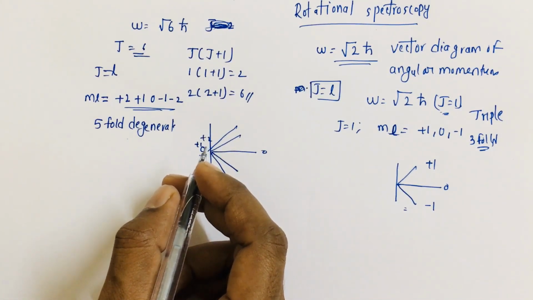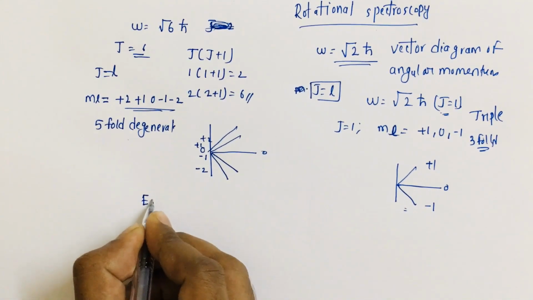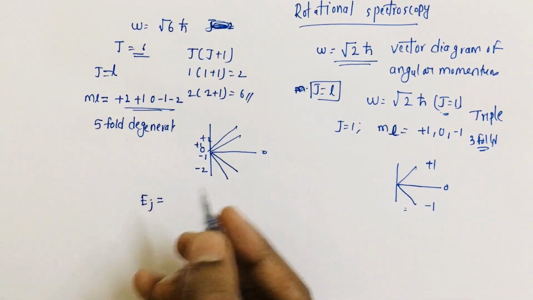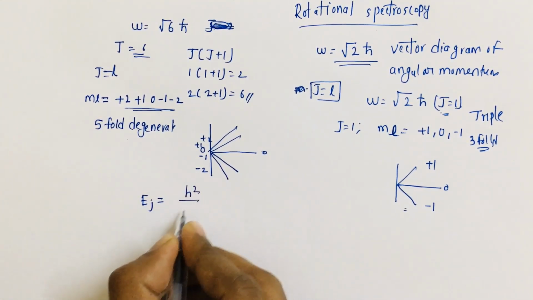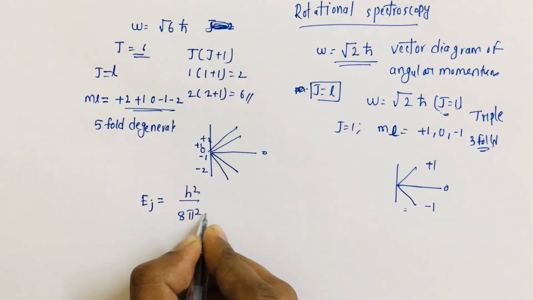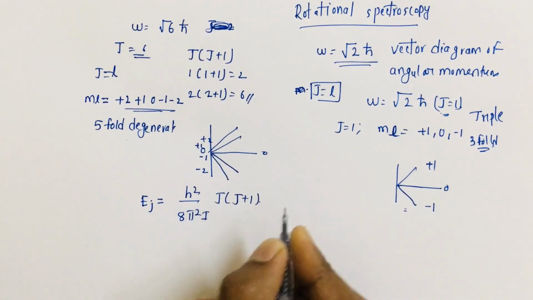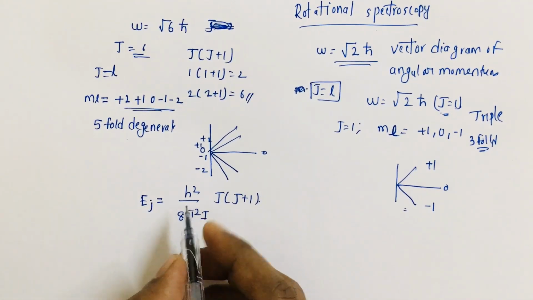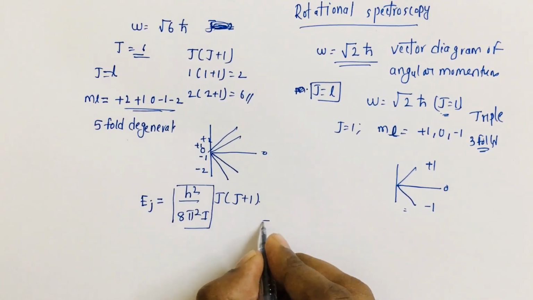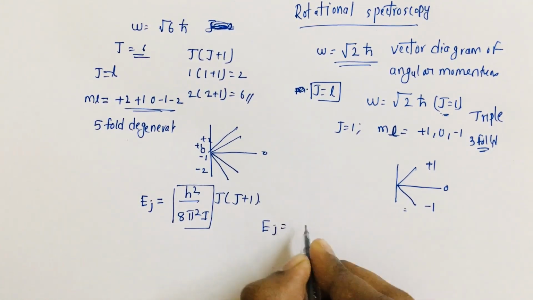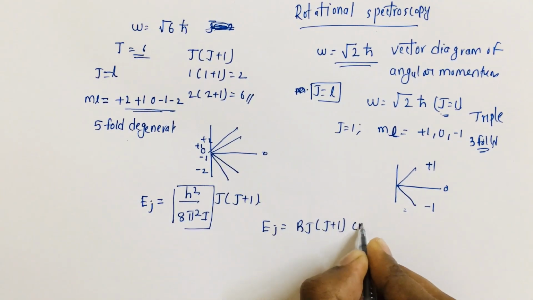Now we know that the energy of a diatomic molecule is h square by 8 pi square I, into j into j plus 1. This whole prefactor term equals B, the rotational constant. So E_j equals B j into j plus 1 in centimeter inverse.